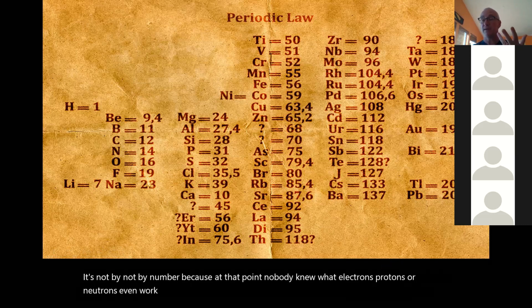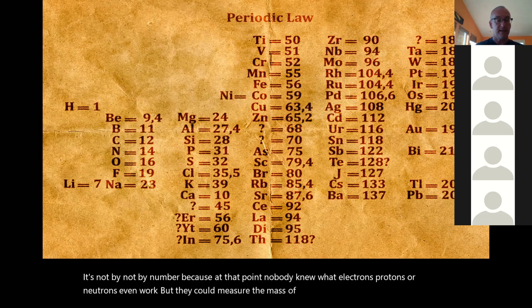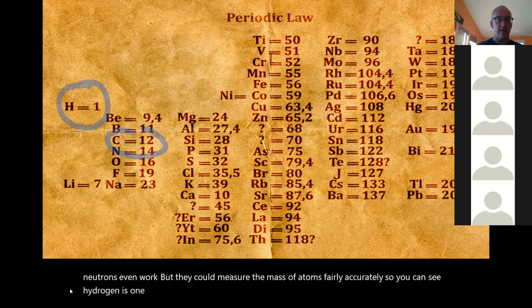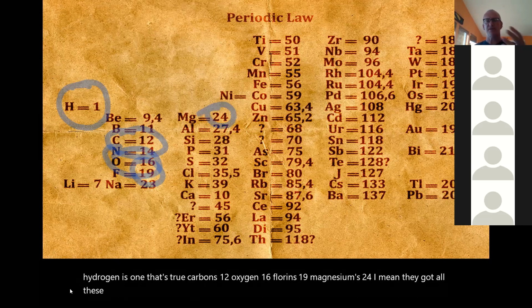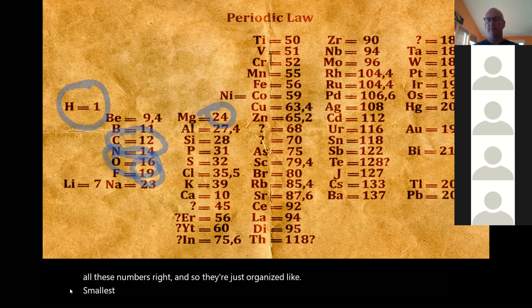But they could measure the mass of atoms fairly accurately. So you can see hydrogen is 1, carbon's 12, oxygen's 16, fluorine's 19, magnesium's 24. They got all these numbers right. They're just organized smallest one first, biggest one last. But there's no organization.